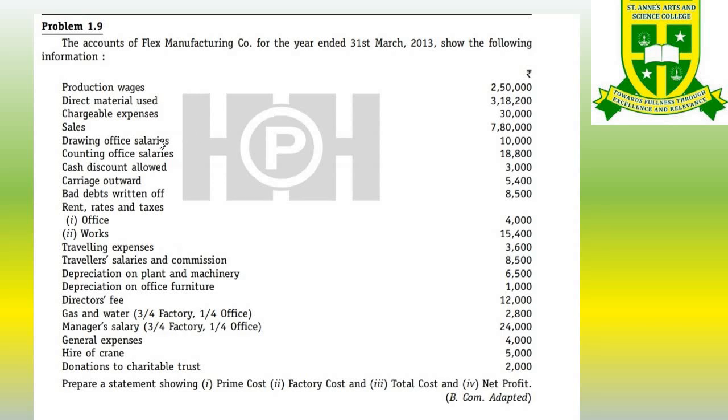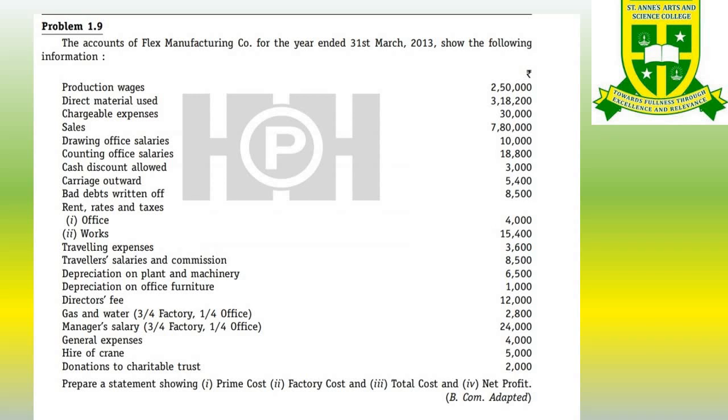If they have simply given office salary, we have to show it in the office and administrative overhead, but in this question they have shown one as drawing office salaries and then accounting office salaries. Drawing office salary is nothing but drawing means we are withdrawing the money.